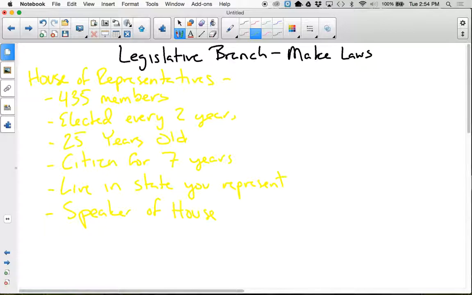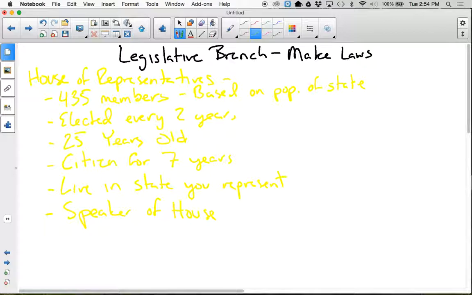The number of representatives is based on the population of a state. The more people you have in your state, the more representatives you have in the House. That number changes every 10 years with our census.